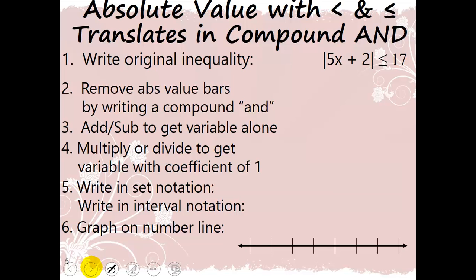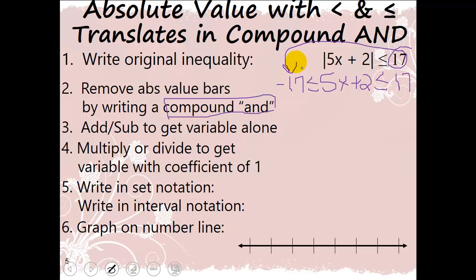Let's try one more. All right, we're going to rewrite and translate into a compound and. So we get -17 is less than or equal to 5x plus 2 is less than or equal to +17. I took the opposite, I took the expression, and then I took the positive.